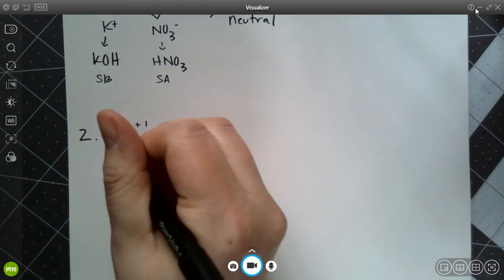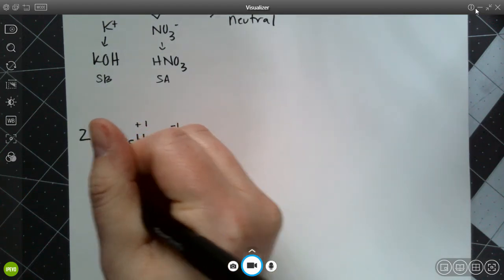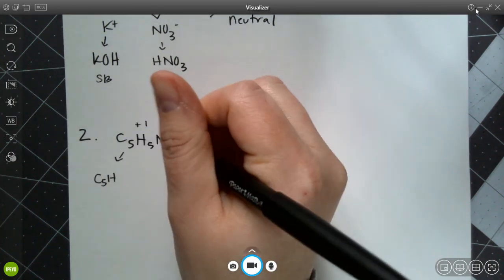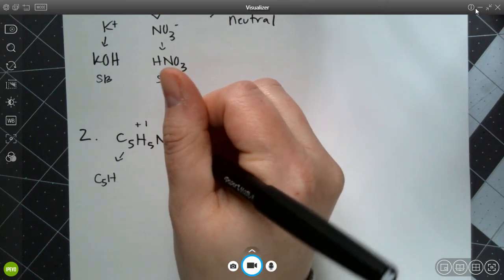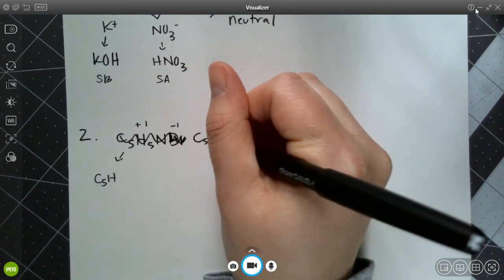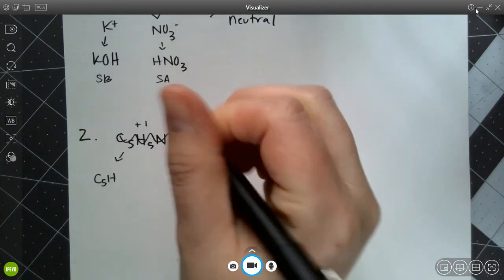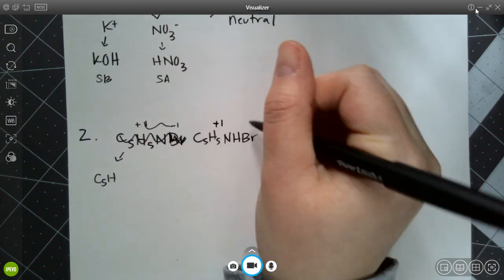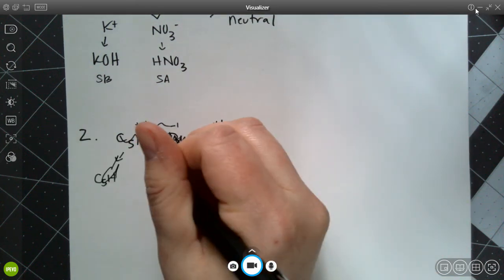Okay, so realistically, I have C5H5, and oops, nope, I screwed this up. Hold on. The formula on this should be C5H5NH. My bad. Nothing changes from this process though. So this is a +1, this is a -1. Sorry to let you down.